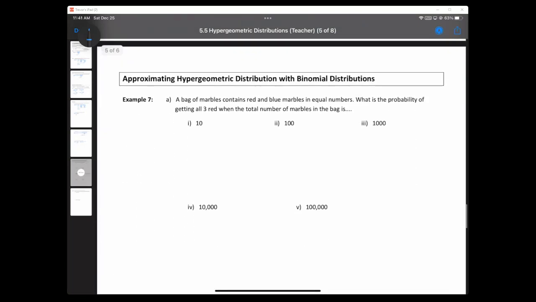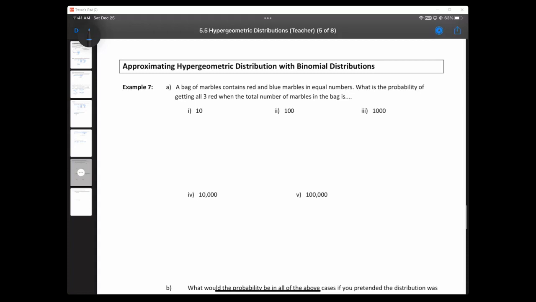Okay, the last thing that I want to do today, and I really want to drive this home because this is an important idea for solving most real world problems, is approximating hypergeometric distributions using binomial distributions, despite the fact that I've tried to drive home that these are drastically different things. Binomial needed to be the repeated Bernoulli trials.